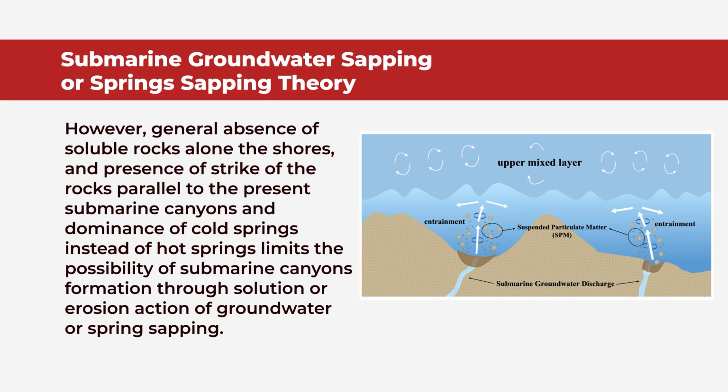However, the general absence of soluble rocks along the shores, the presence of strike of the rocks parallel to the present submarine canyons, and the dominance of cold springs instead of hot springs limits the possibility of submarine canyon formation through solution or erosion action of groundwater or spring sapping. This way, there have been some limitations pointed out by the scholars.